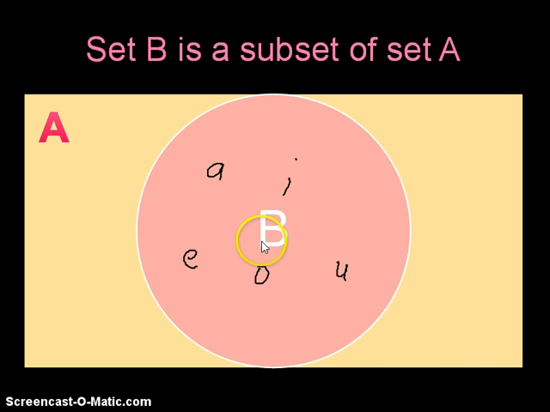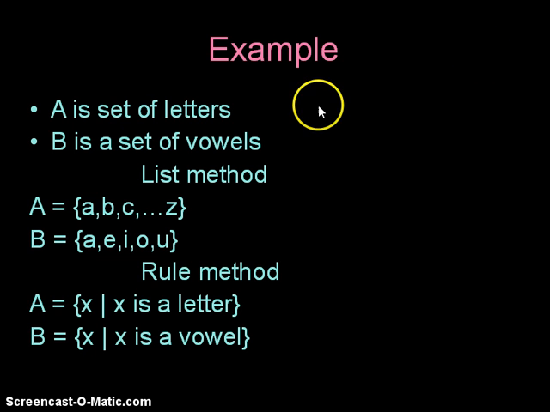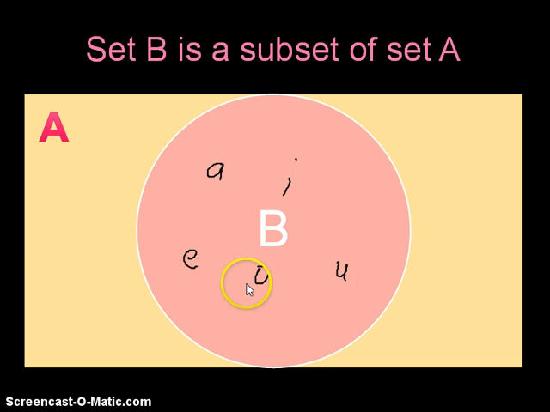And the other letters except A, E, I, O, U are inside our set A because set A is our set of letters. Those are from A to Z. Since we already have A, E, I, O, U, we don't need to write them here.